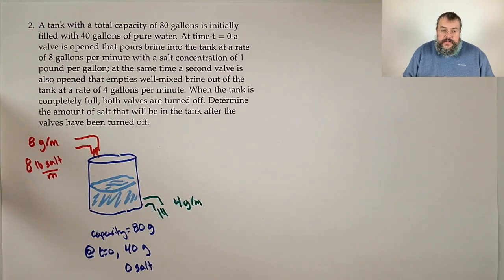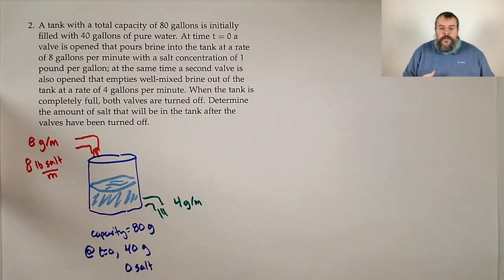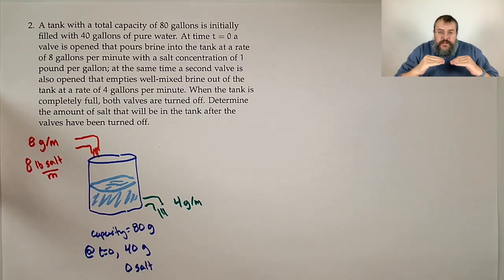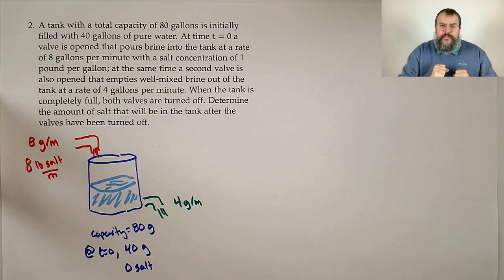And now, let's look at what we want to do. Well, it says, when the tank is completely full. Well, notice the tank is half full, and the amount coming in is greater than the amount going out. So what that means is over time, it's going to rise up. All right, well, how long will it take to get full?